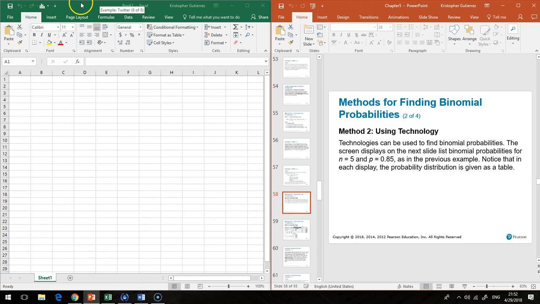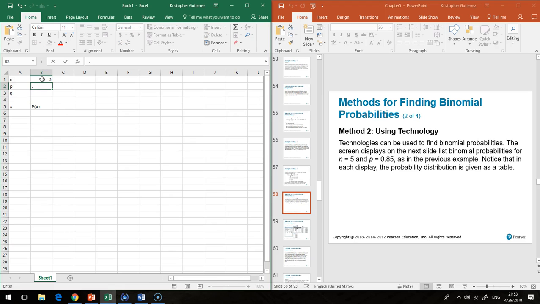Alright, we're looking here. We've got N, P, Q, that is Q, let's say that's X, and this will be the probability of X. So, in our case, N is 5.